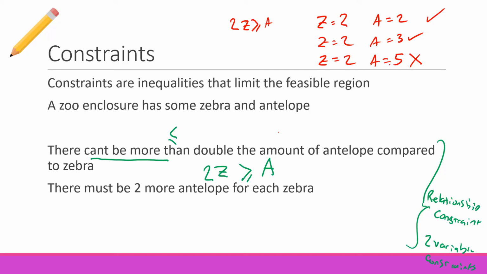Now, the last one, there must be two more antelope for every zebra. Okay, that's actually wrong. Let me fix this. Oh man, I have to discard this. That's annoying. I'm gonna do this.